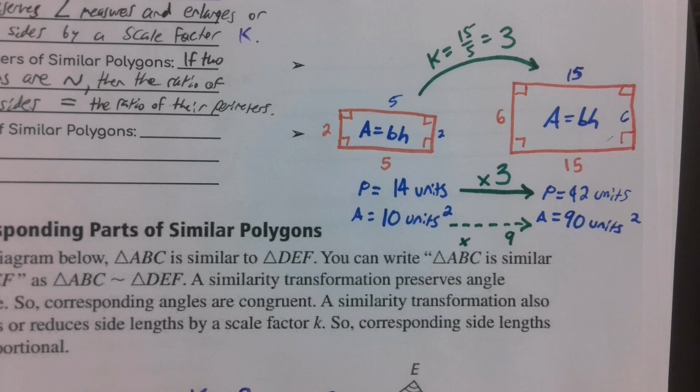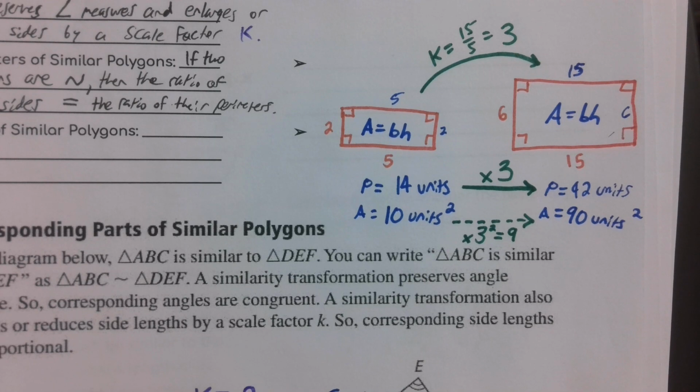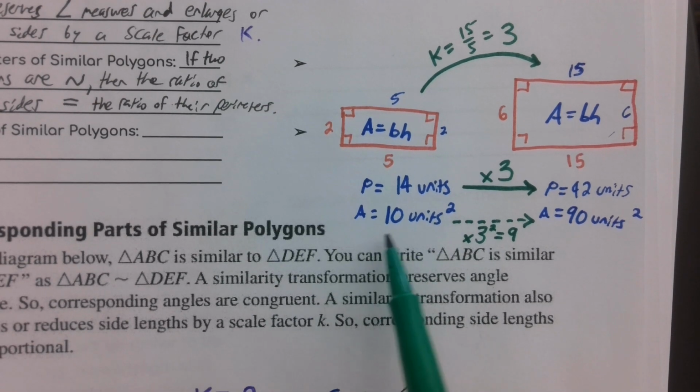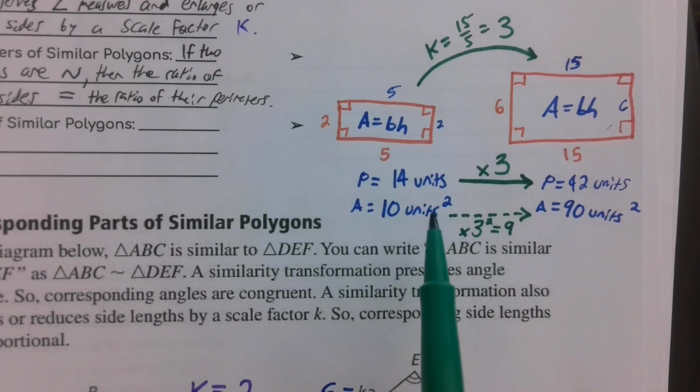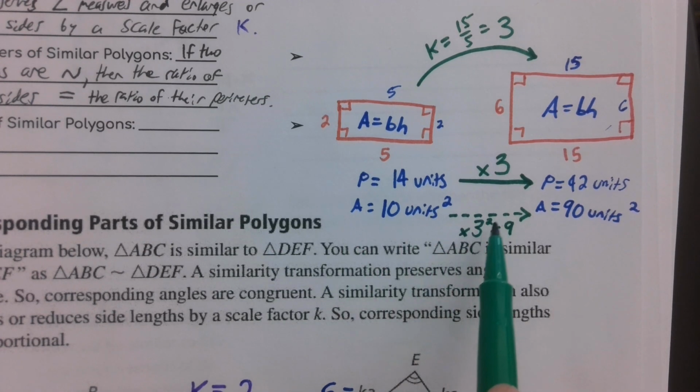Well, as area is often squared, we notice that our scale factor is also 3 squared, because 3 squared is 9. This gives us a really good rule to help us out here. When talking about the areas of similar polygons, you can find the areas by taking the scale factor squared and multiplying it by the original.